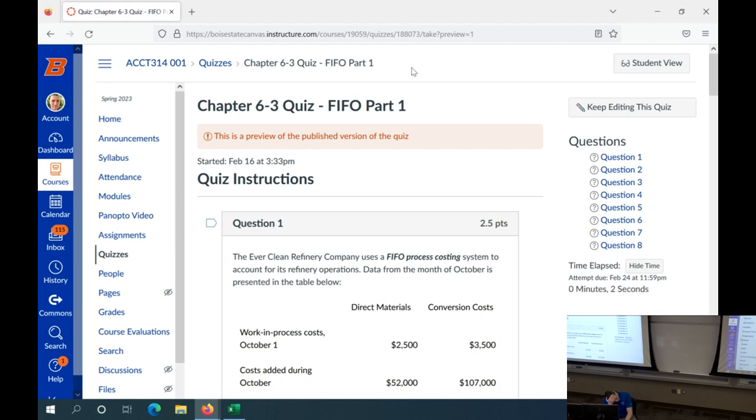I zoned out for 15, 20 seconds when one of the problems was up there, and I was letting you decide whether you wanted to ask questions about it. Because I was wondering if I needed to add some sort of a buffer between going over 6-2 problems and 6-3 problems, because it's weighted average versus FIFO. I was just thinking about it in class.